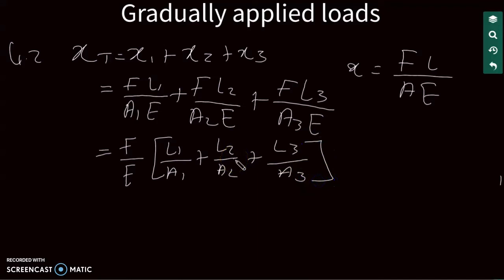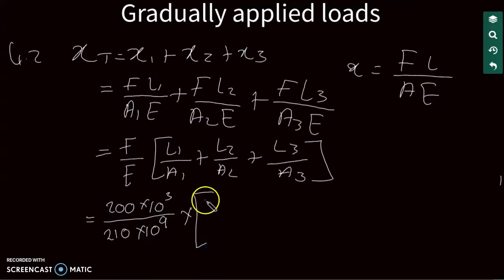And then from here we are going to substitute. Our force is 200 times 10 to the power 3 because it's kilo, and our modulus of elasticity is 210 times 10 to the power 9. That's giga.